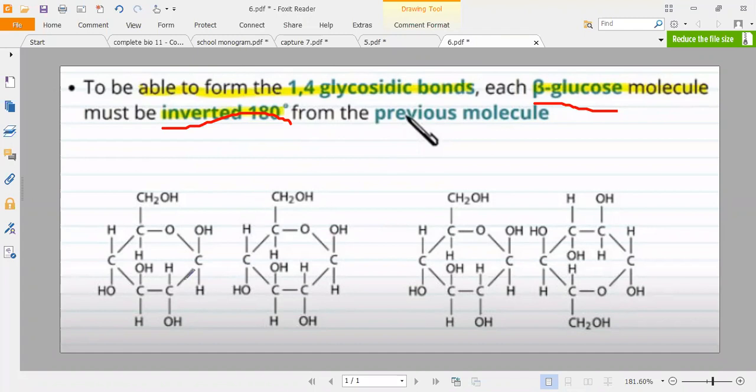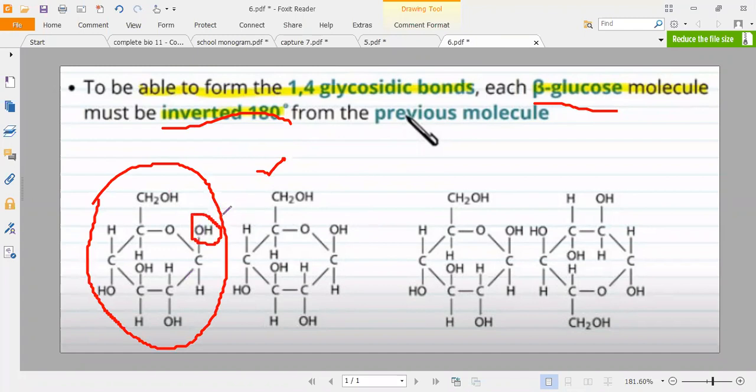How does that happen? This is one glucose molecule, and this is the other one. You can see here the hydroxyl group is above the ring on both sides.